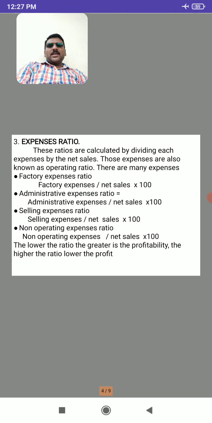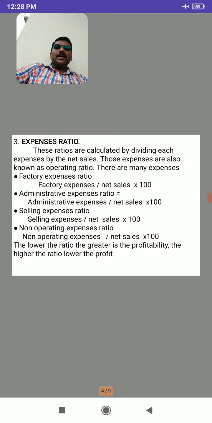Here we will study what the expenses ratios are. Expenses ratios are the ratios which are calculated by dividing each expense by net sales. Those are also known as operating ratios. These are the many expenses: factory expenses, administrative expenses, selling expenses and non-operating expenses.